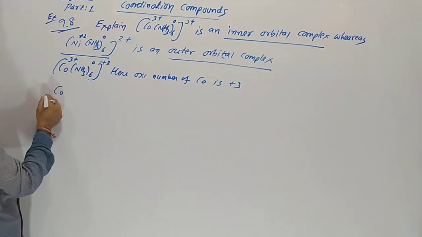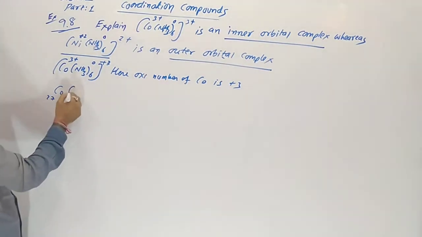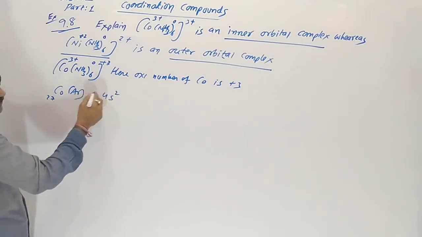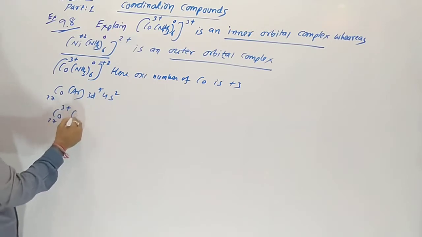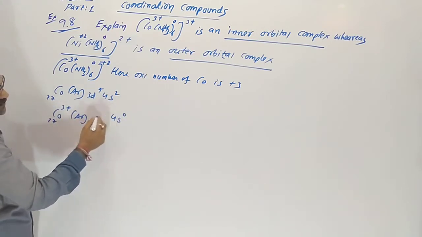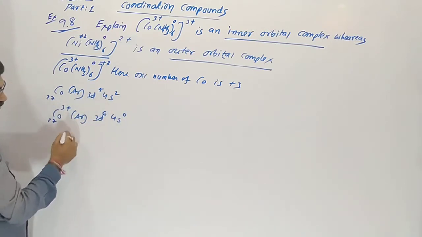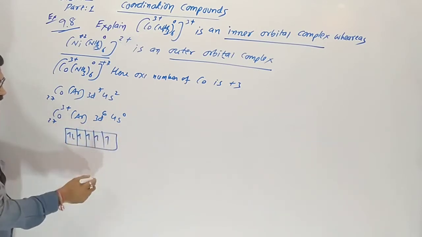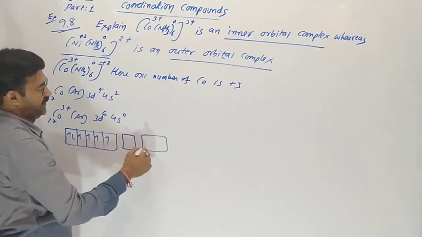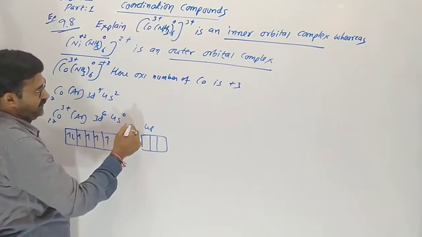So the configuration of cobalt 27 is 4s2 3d7. After removal of 3 electrons, 4s0 3d6. So in the d orbital there are 6 electrons. 4s is vacant, 4p is vacant.